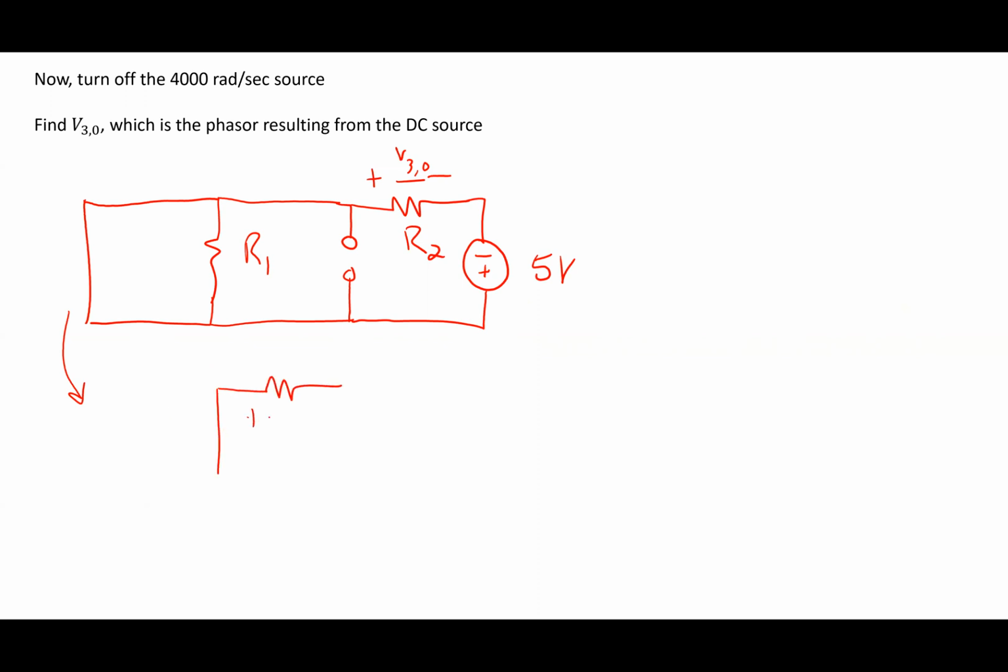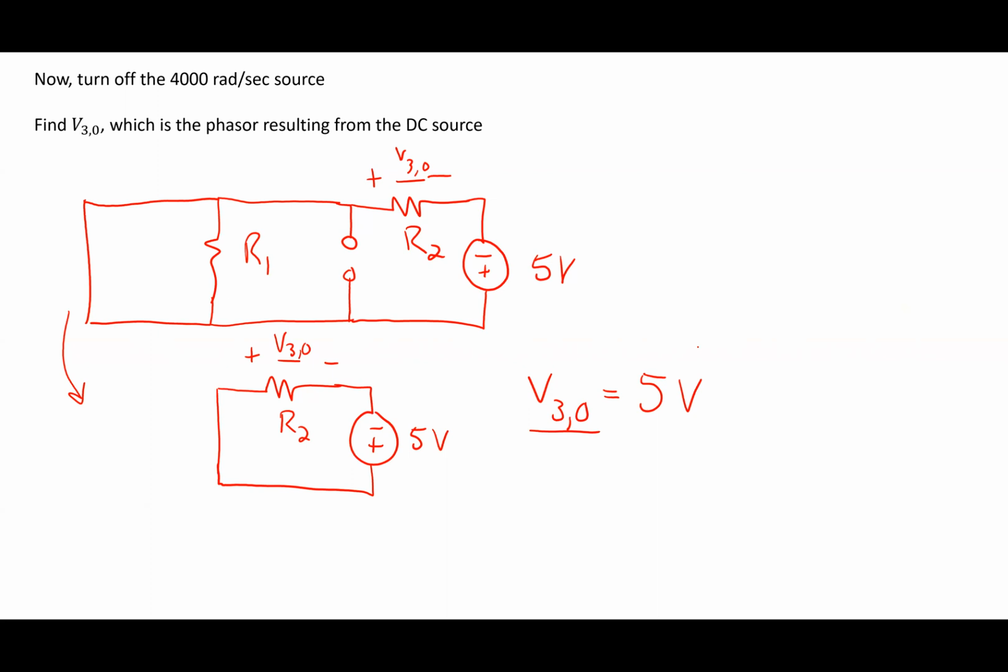Yep. So here's R2 here. This guy is V3 0. And then I have my 5 volts like this. So what is V3 0? Yep. Given the polarities in this problem, that would be 5 volts. If I had the polarity on the resistor defined the opposite way, it would have been negative 5 volts.